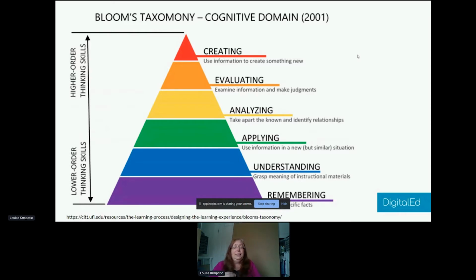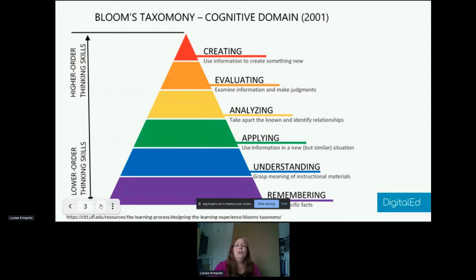Finally, analyzing, taking something that you've learned and identifying how the different things relate to each other and how they relate to other elements that the student might know. Moving into evaluating and then into creating. Those are at the top level of the higher order thinking skills.